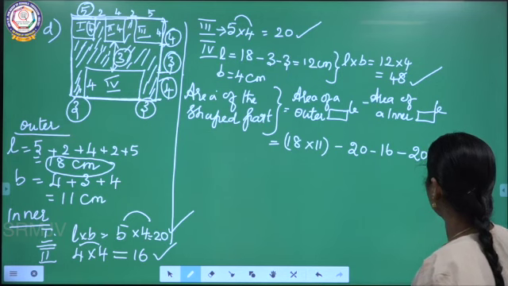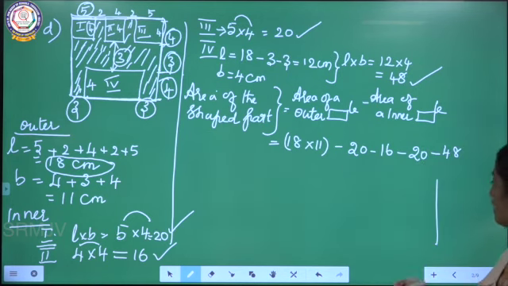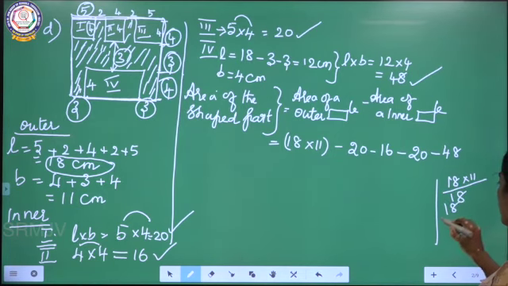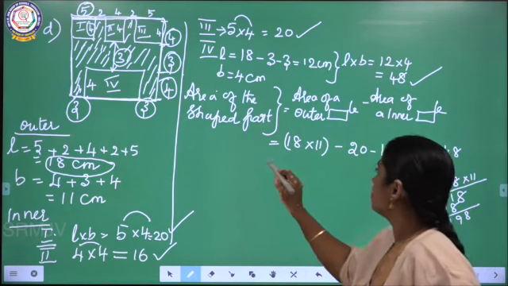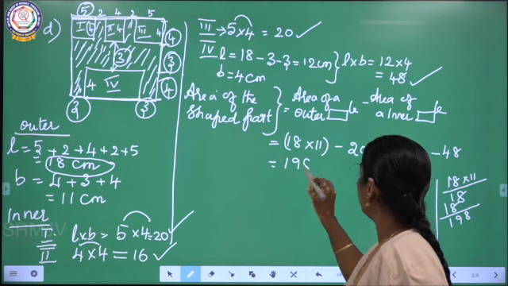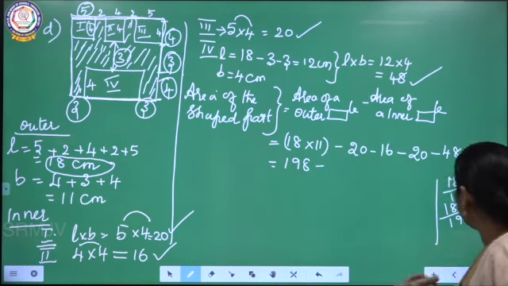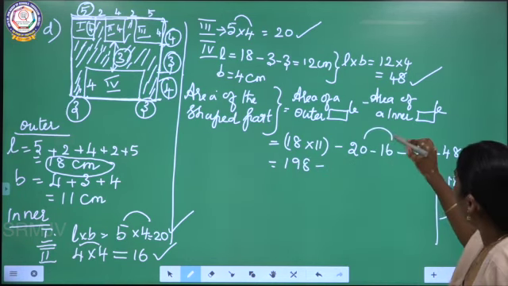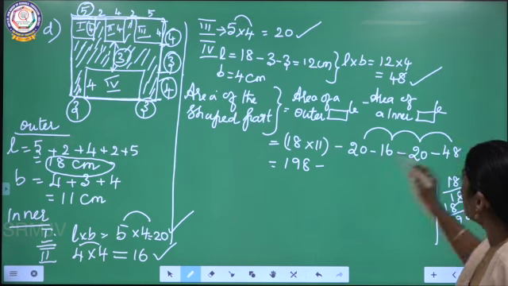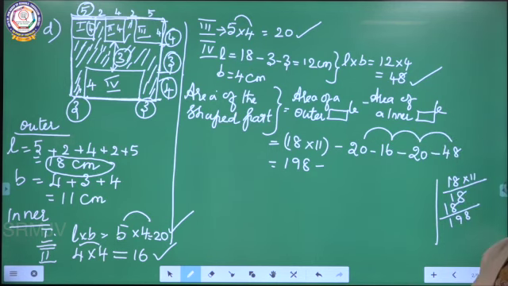Just I am going to do this in the rough column. Listen. 18 into 11. What is that? Ones are 18. Ones are 18. So 8, 9, 1. So what is this? 198 minus. You can add all those things because all are in negative. So I can add all those things.